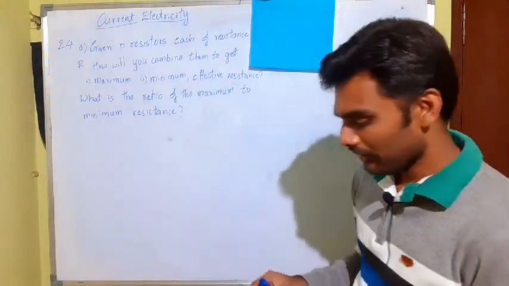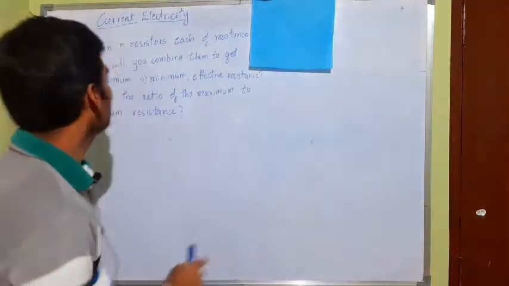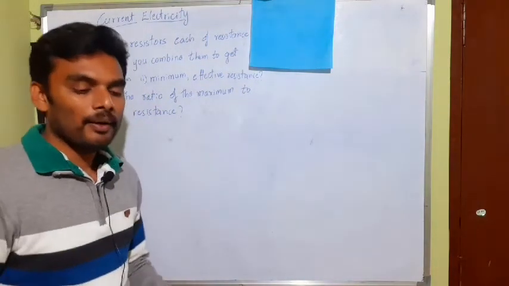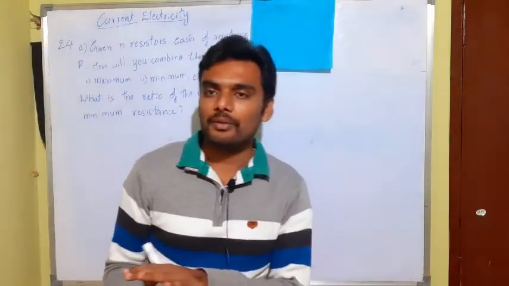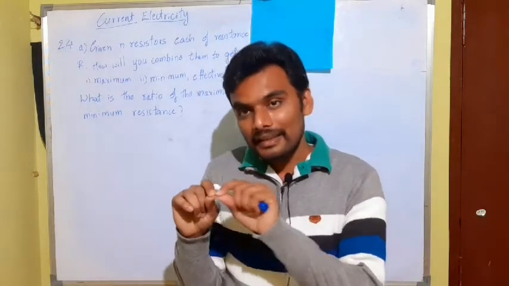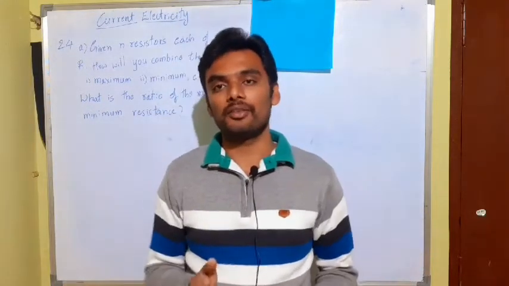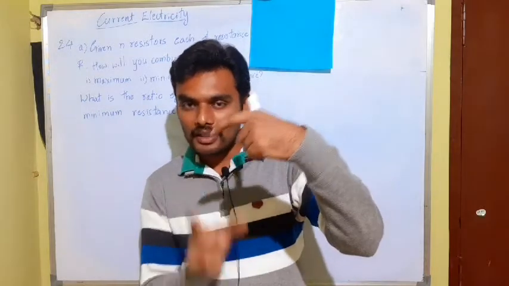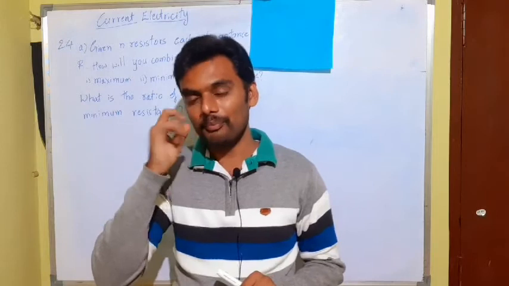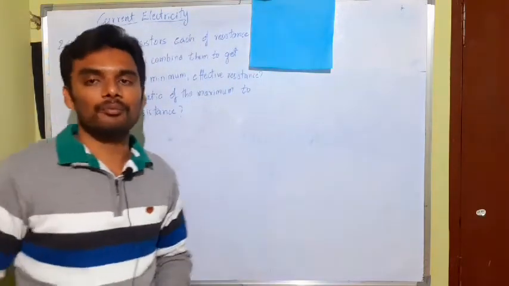So what they have given us is n equal resistors, all of them having the resistance of R. Remember always, whenever you have a set of resistors given, when you connect all of them in series, you get the maximum possible resistance. You connect all of them individually in parallel, you get the least possible resistance out of it.